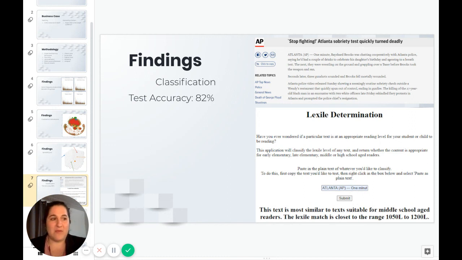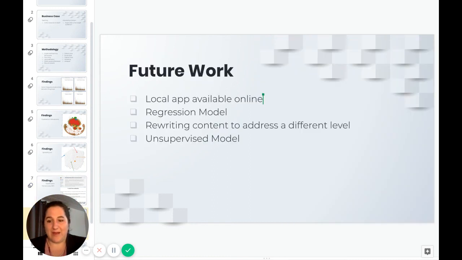One of the things that I'm looking to do is to take this app that works locally on my computer, meaning I've built it on my personal computer, and put that online for you to be able to access everywhere. I'd also like to generate a regression model that will tell you exactly what Lexile you're working with instead of what general age group you're targeting.